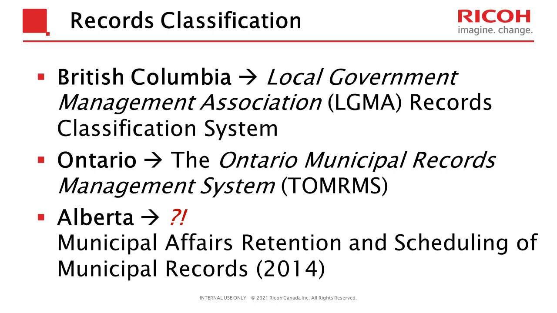Now, in Alberta, it's a big question: does Alberta have one? In my research, I saw that the Municipal Affairs Office of the provincial government created a retention and scheduling of municipal records, and this was done in 2014. I don't know if there's an update. Maybe there's an update, but we'll look at this as well and compare it with the others. So we need a records classification so we can now start grouping our files together.